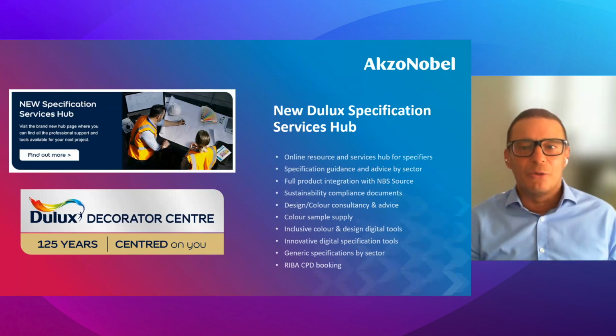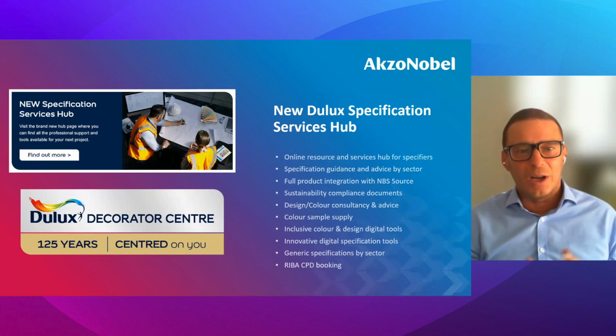And some of the other resources we've also built into the hub are specification guidance by sector, sustainability compliance documents, they're all there, that everybody can download immediately. Design and colour consultancy along with advice. Colour sample supply and a facility to be able to order those colour samples.